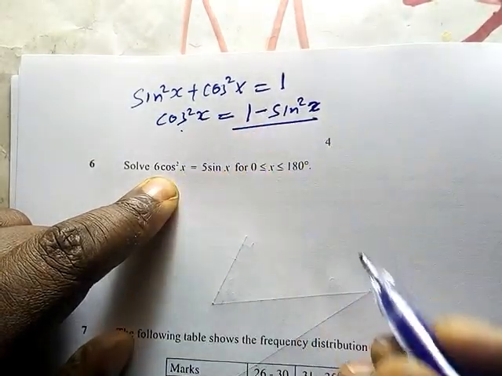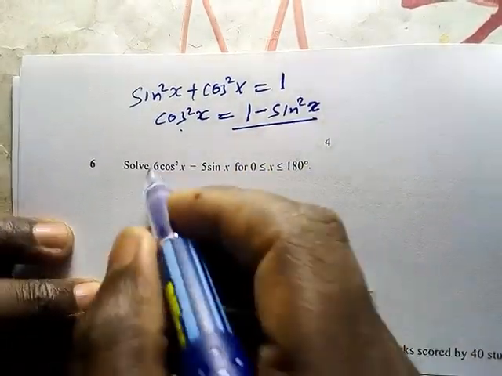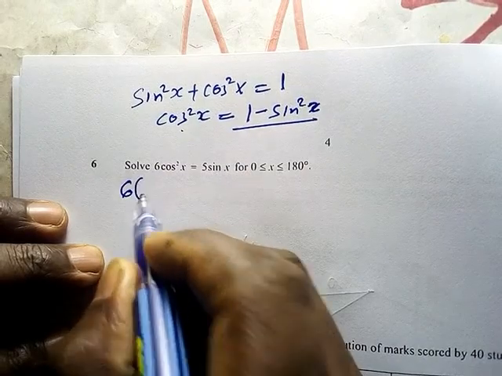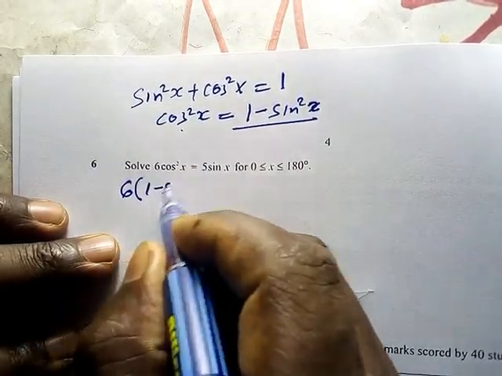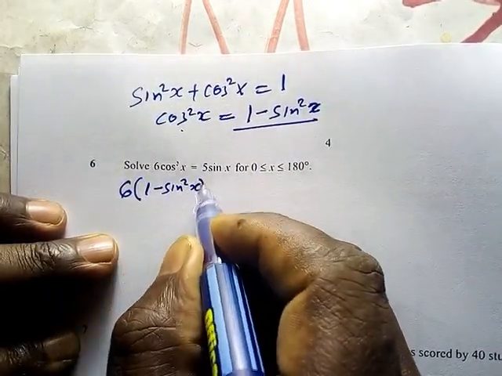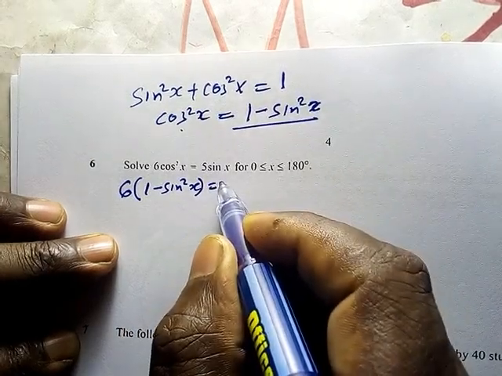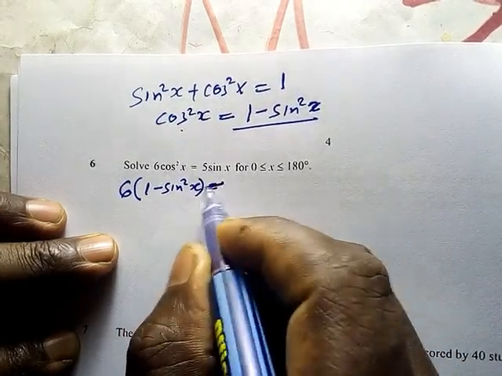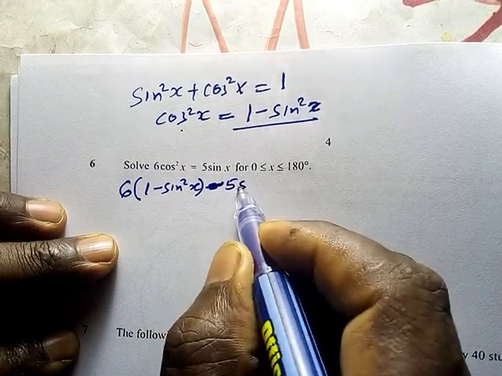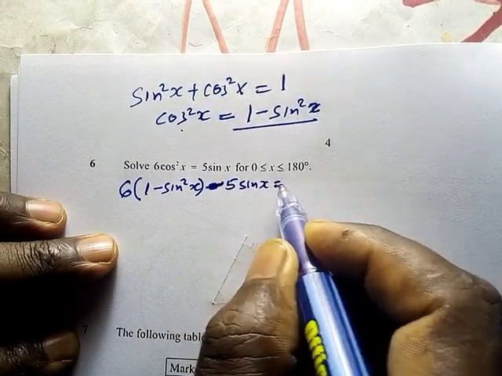Hii na hii zinafanana. So here we are going to have 6 into 1 minus sin square x is equal to, okay, we can bring this one, minus 5 sin x is equal to 0.